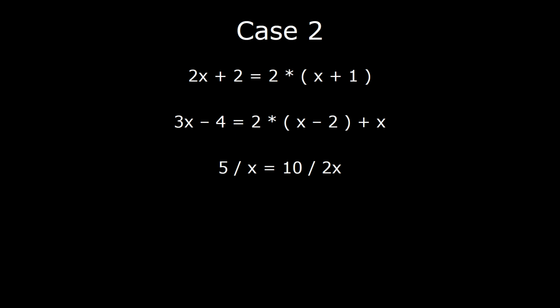So we've got 2 as a common factor in the numerator and denominator in the RHS. Thus they can be cancelled out so that the RHS changes to 5 upon x, but the LHS of the original equation was 5 upon x as well. Therefore 5 upon x equals 5 upon x.